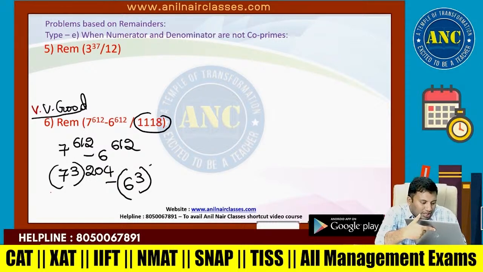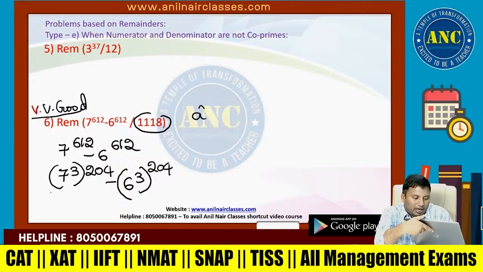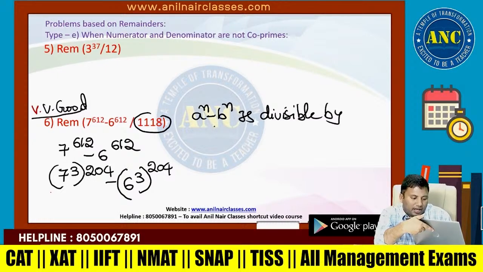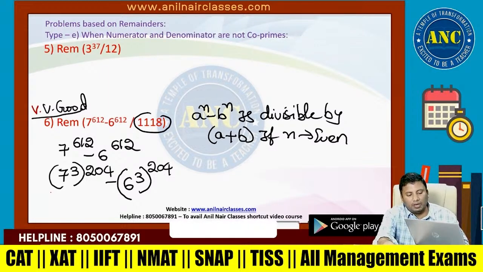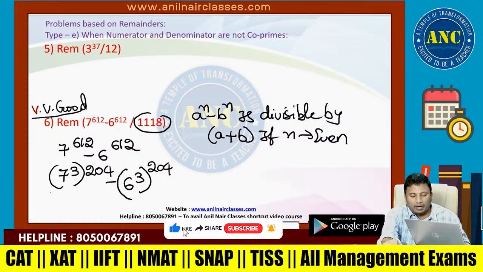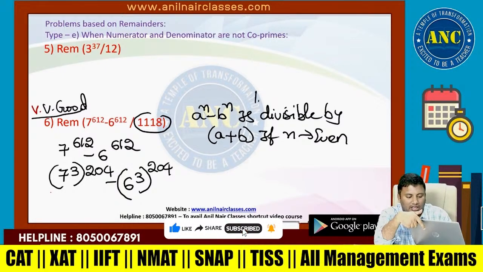A power n minus b power n is divisible by a plus b if n is an even number.